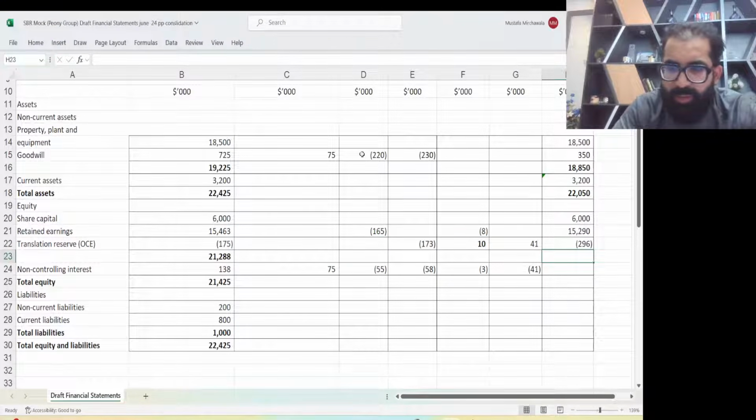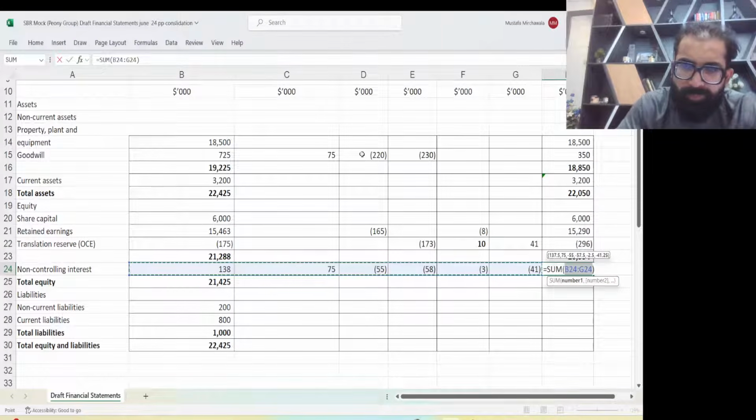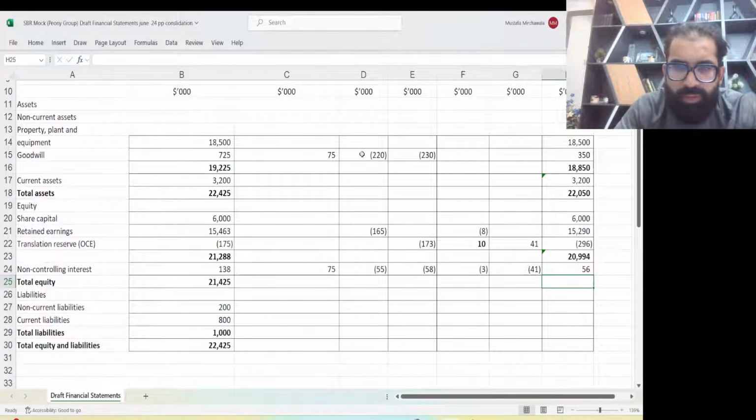Okay, 296. Then let's add all of them. Okay. Then we have NCI, 56. Finally, the total equity will be these two.